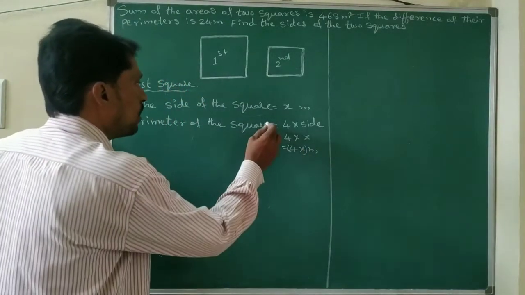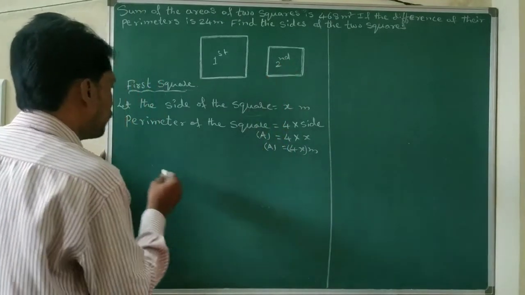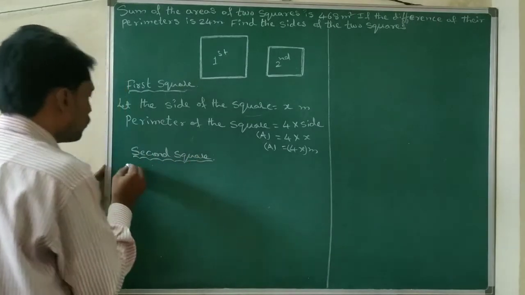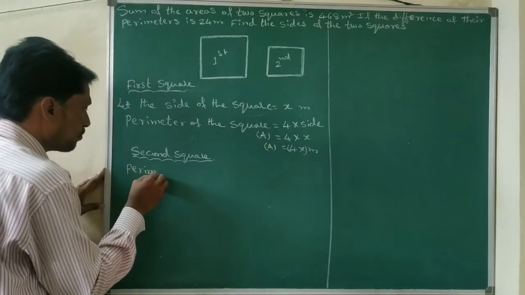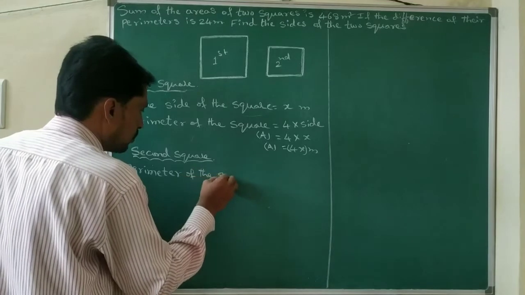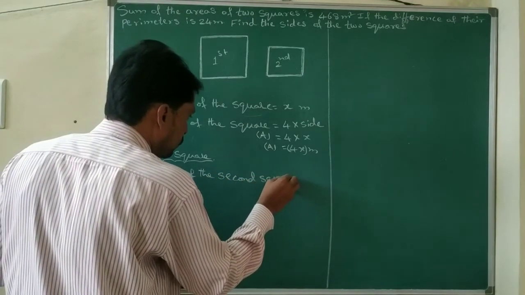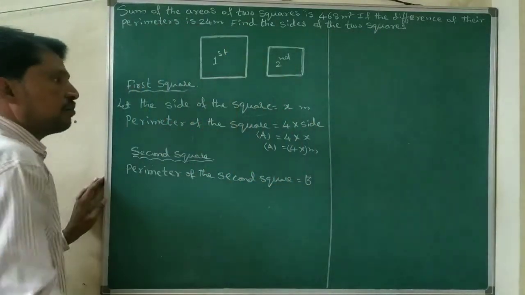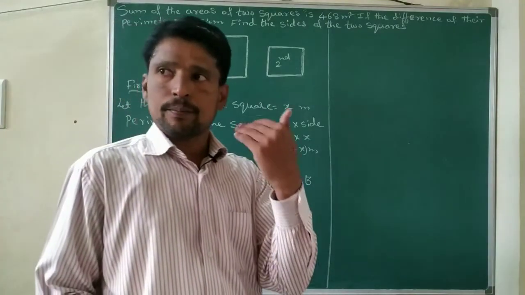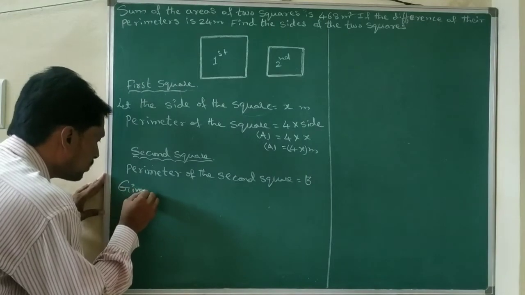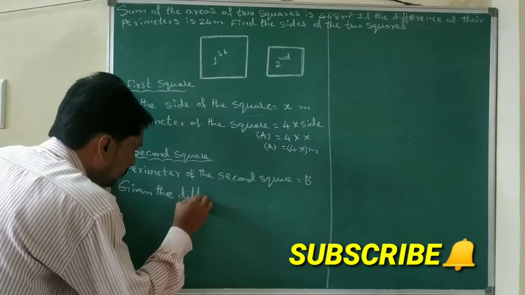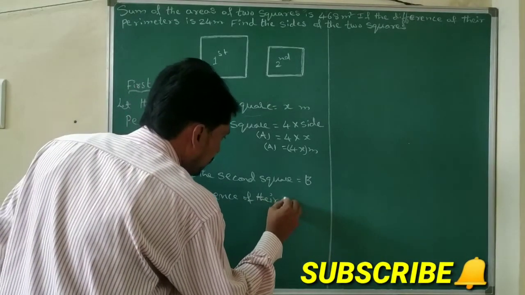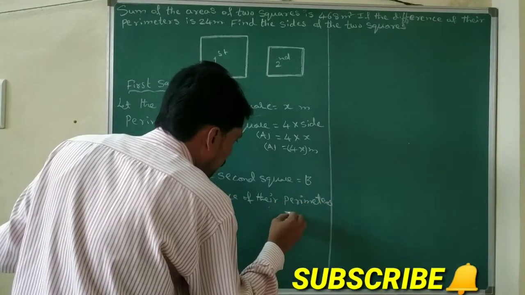This I am taking as capital A. Now the second square: the perimeter of the second square I am taking as capital B. Given, the difference of their perimeters equals 24 meters.